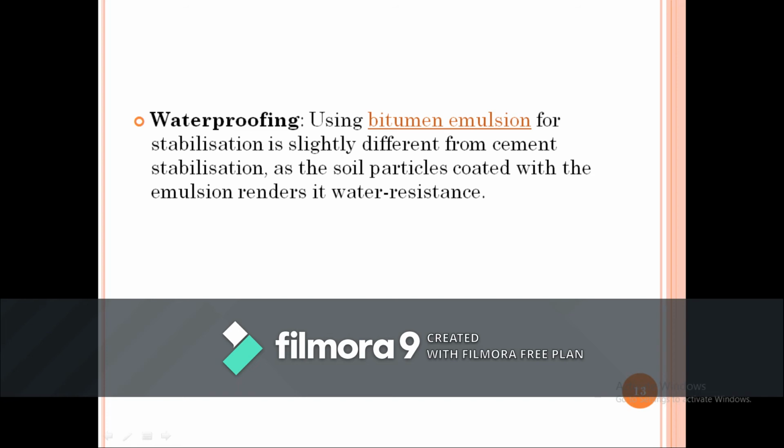So here the main reason you are using bitumen emulsion is that it has some resistance to water. When you are taking cement stabilization, it is not resistant to water, but this is resistant to water. Because of this, bitumen emulsions are being used in soil stabilization. That is the main purpose, waterproofing.